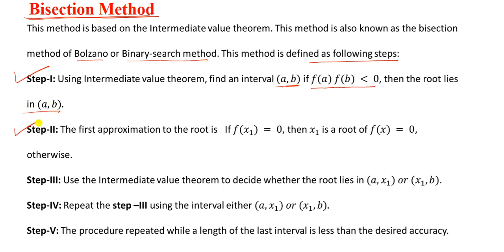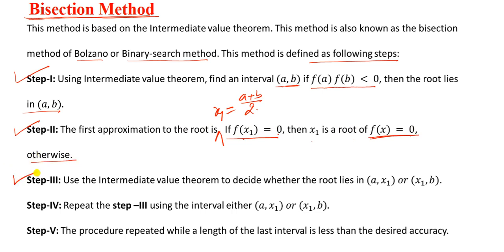In step 2, the first approximation to the root is defined as x1 is equal to (a plus b) upon 2. If f of x1 is equal to 0, then x1 is a root of the equation f of x is equal to 0.